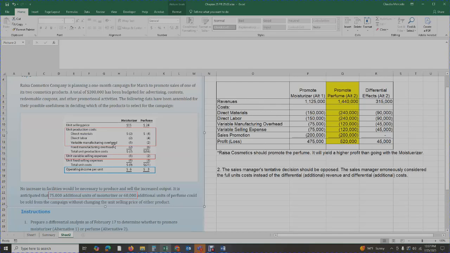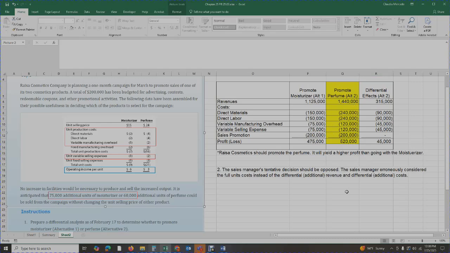In this case, we've got variable manufacturing overhead and unit variable selling expenses. Our fixed manufacturing overhead and our unit fixed selling expenses should not be considered in the equation. Thus, this is the correct way to do it and do a comparison between the two alternatives and then come up with what works best for our company and the decision that's going to be made.